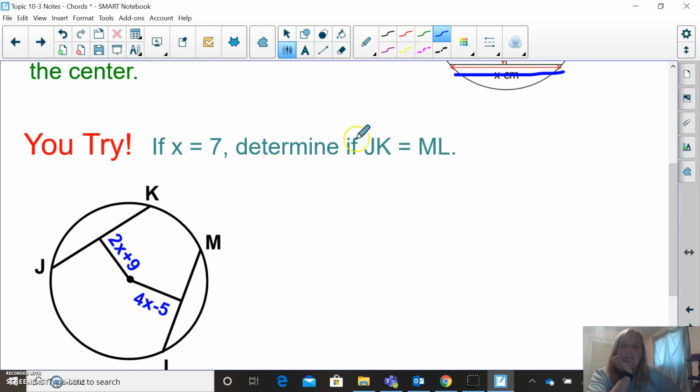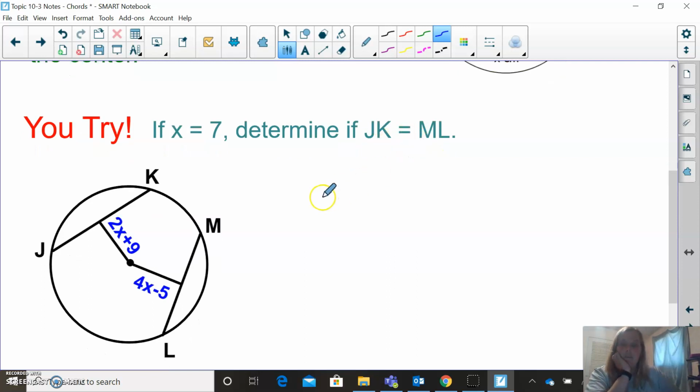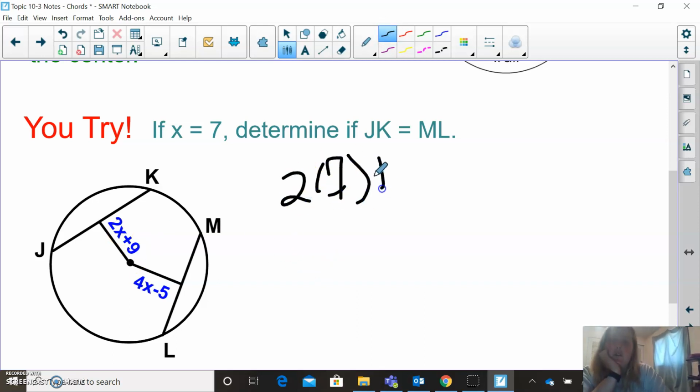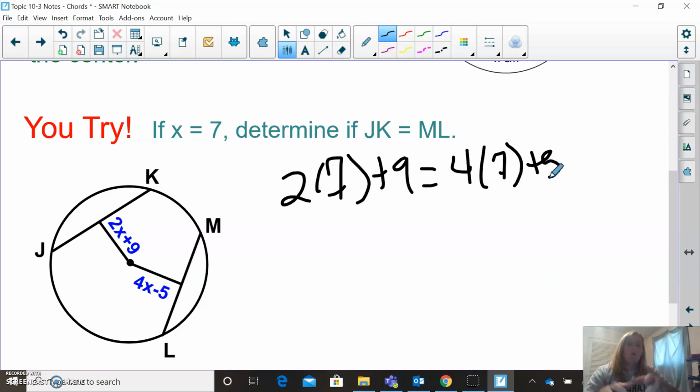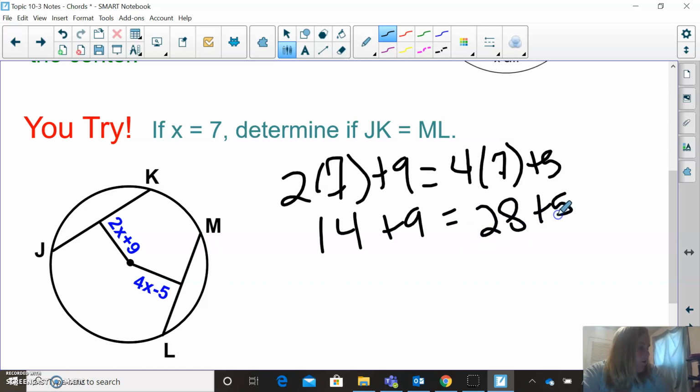So if x is 7, determine if JK is equal to LM. What you're going to do is plug in 7 into both sides: 2 times 7 plus 9, and 4 times 7 plus 5. And you're going to work both sides at the same time. So 2 times 7 is 14, 14 plus 9 is equal to 4 times 7, which is 28, so 28 plus 5.